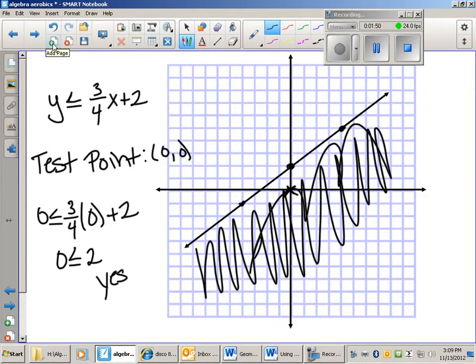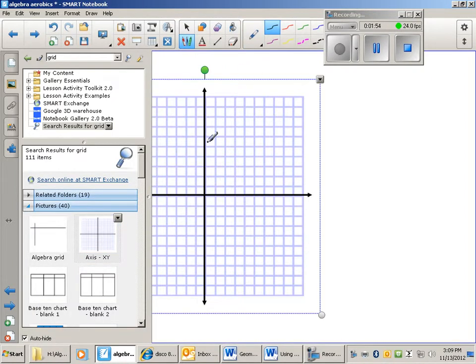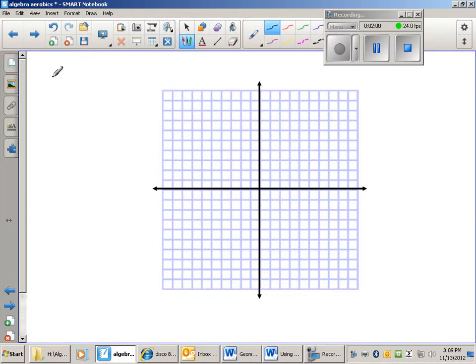We'll do, let's see, how about y is greater than negative 3 over 2x plus 1. So my y-intercept would be 1.